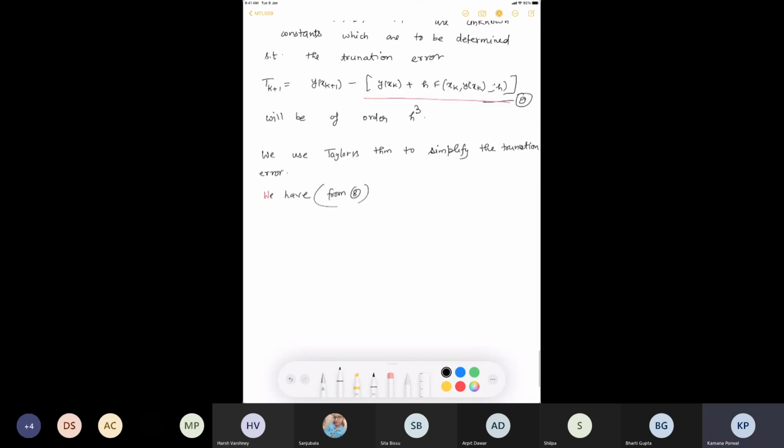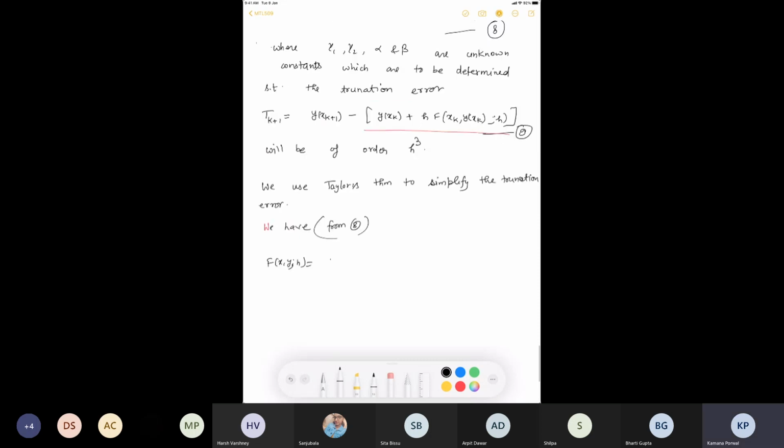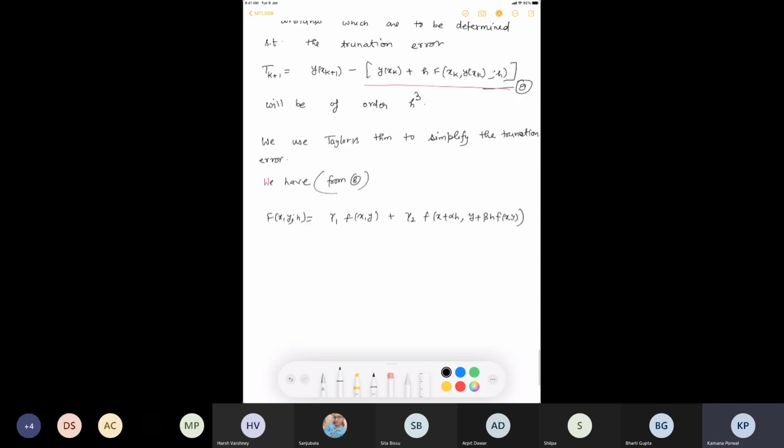That capital F is gamma 1 times f of x, y plus gamma 2 times f of x plus alpha h, y plus beta h f of x, y, right?